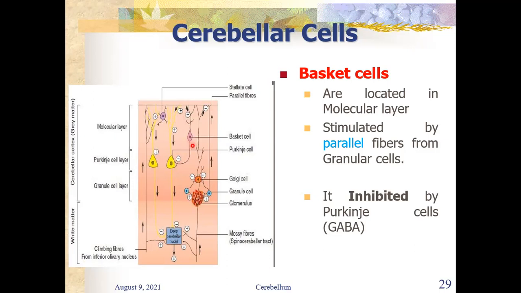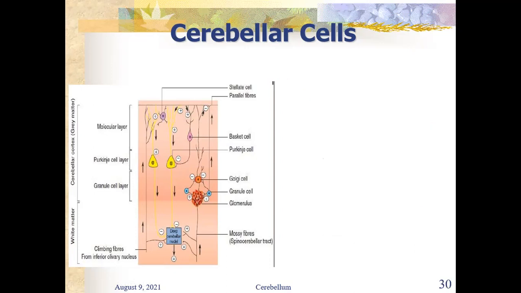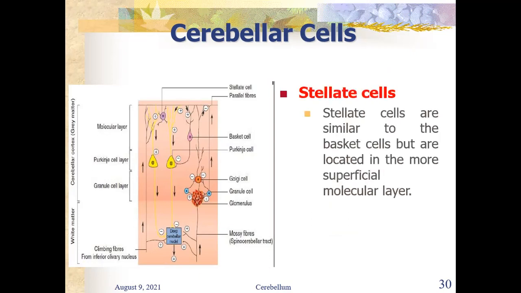So the basket cell inhibits the Purkinje cells. The connection between the basket cells and the Purkinje cells is inhibitory. You can see the connection here is an inhibitory connection, and the neurotransmitter between the Purkinje cell and the basket cell is GABA.